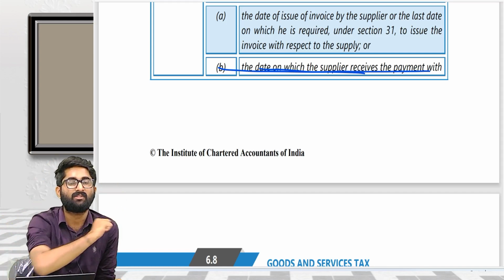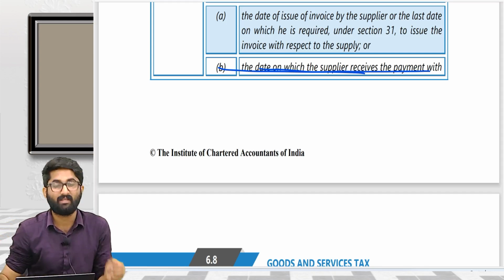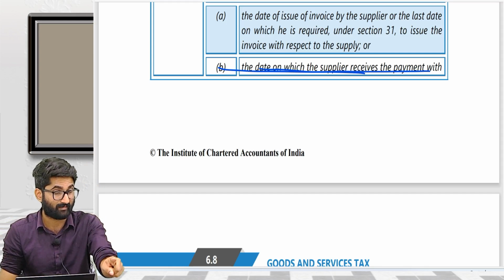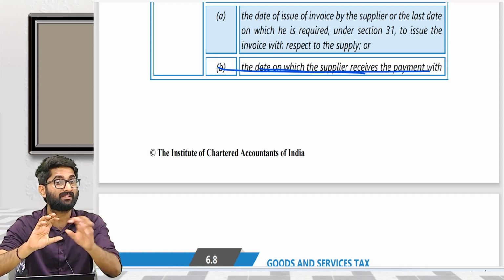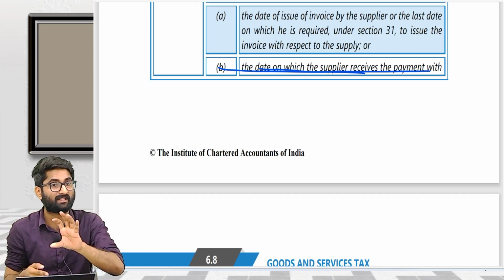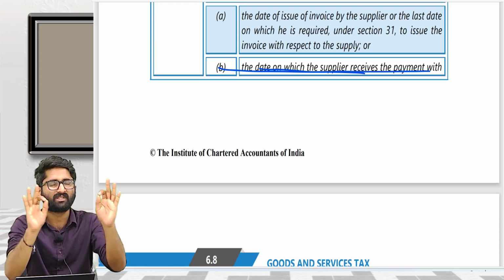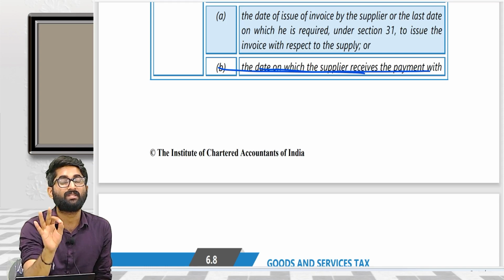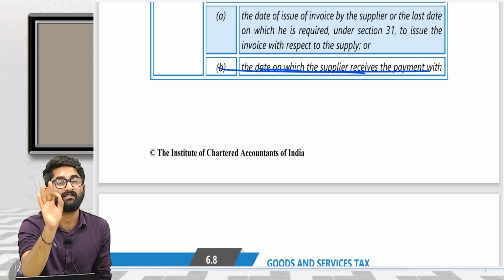This is especially for goods under forward charge mechanism; the notification is not applicable for reverse charge mechanism. Only for section 12 subsection 2, notification number 66 says there is no GST on advance.